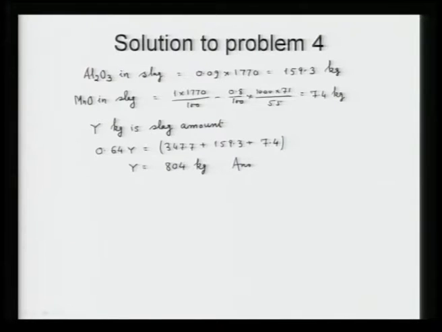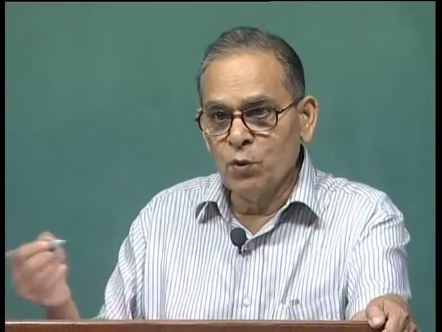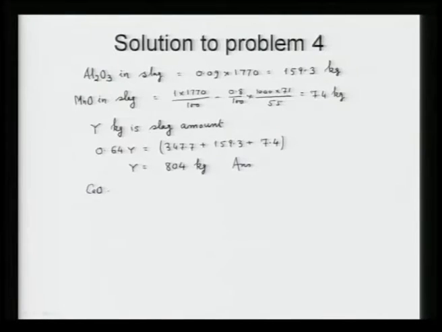Now, then we can also find out calcium oxide in limestone, though it is not asked, but when we do the heat balance and when we are charging limestone, we have to calculate the amount of heat that is required to decompose limestone. So, we can calculate now CaO in limestone, that is equal to CaO in slag, which is already given, that is equal to 804 into 0.36.